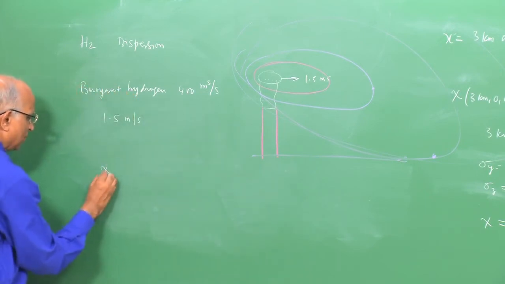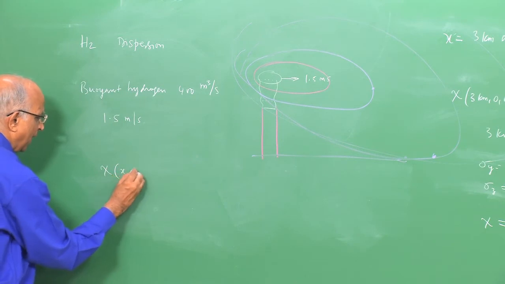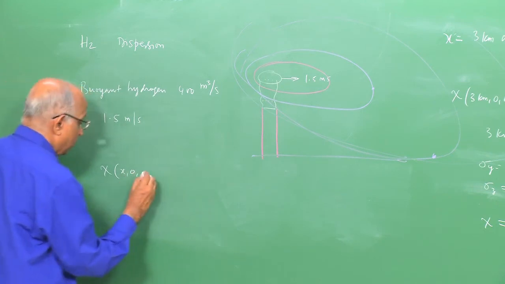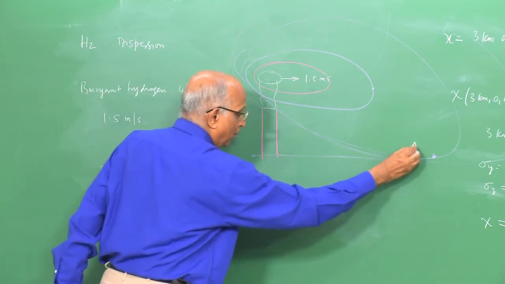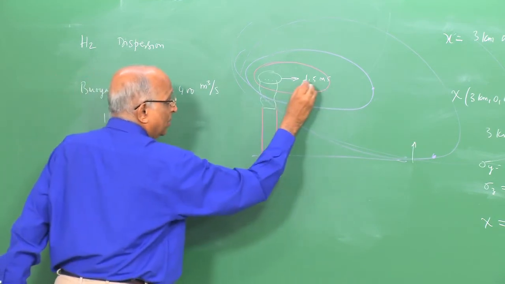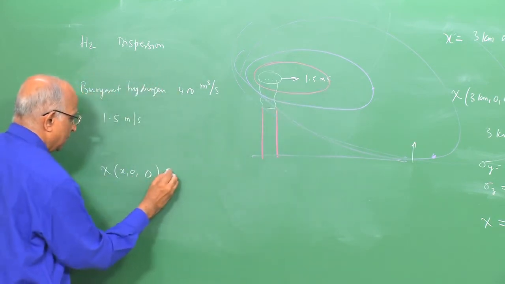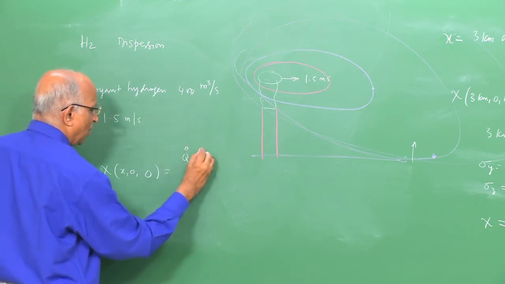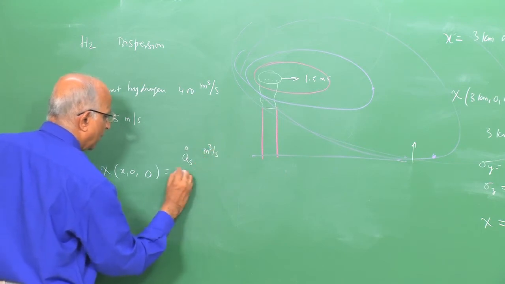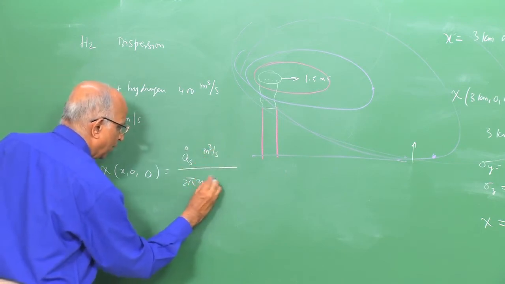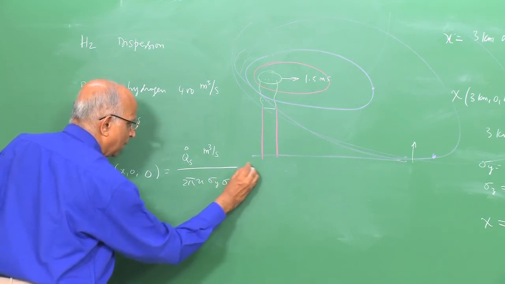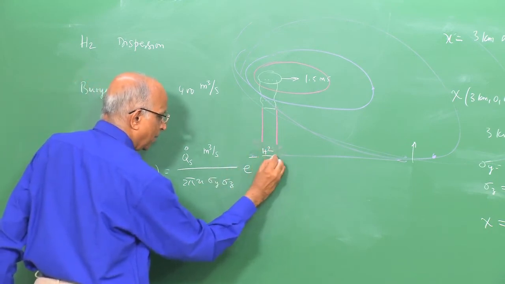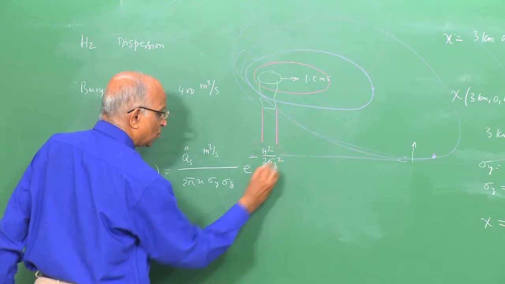The concentration at any distance x, along the surface of the ground, that is z equal to 0, along the wind direction, that is y equal to 0, is given by the volume released, q dot s, so many meter cube per second, divided by 2 pi u into sigma y into sigma z into e to the power of minus the height of the stack over 2 sigma z square.